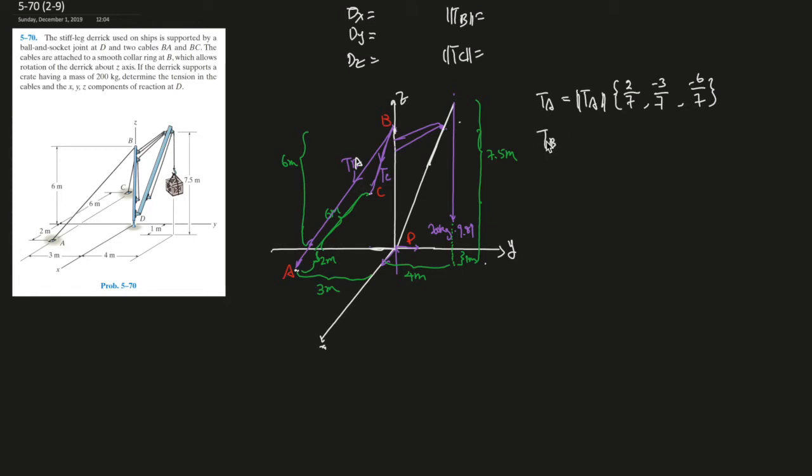And TC, my bad, TC over here should give you the magnitude of TC times the components. In the X direction it went backwards by -6. In the Y direction it went backwards by -3, and it went down by -6, which is similar to the other. 36, 36, 72 plus 9, 81, and the square root is 9.